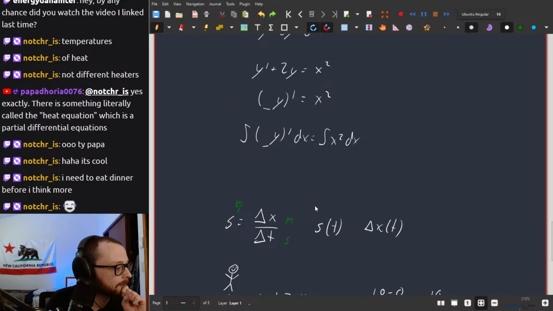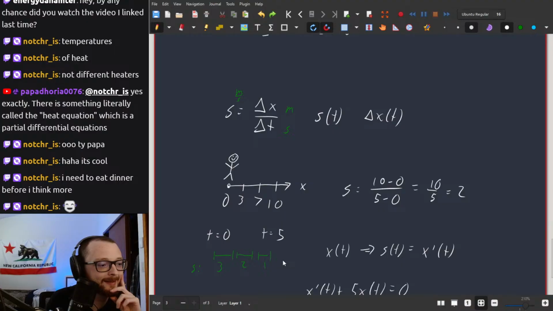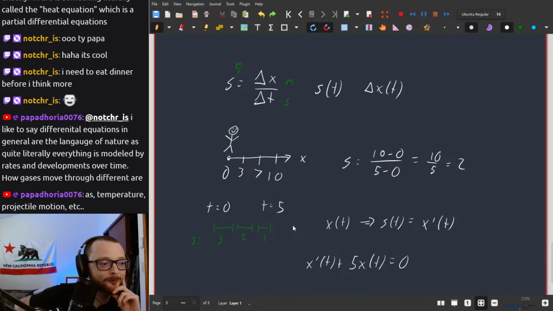Oof, okay. I swear, I've explained what a derivative is so many times. I still don't have an explanation that I'm happy with, though.